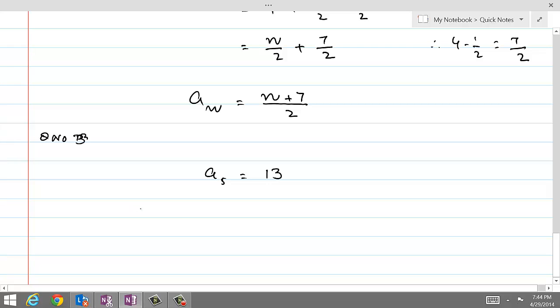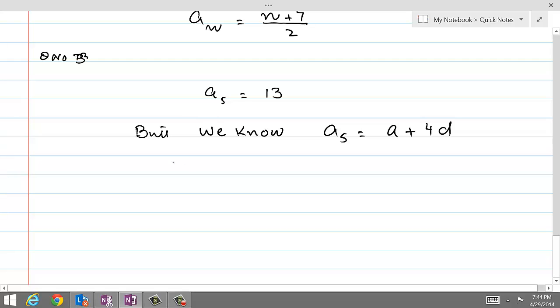But we know that A5 will be equal to A plus 4D. This means that we can write A plus 4D equal to 13. So that is number 1.